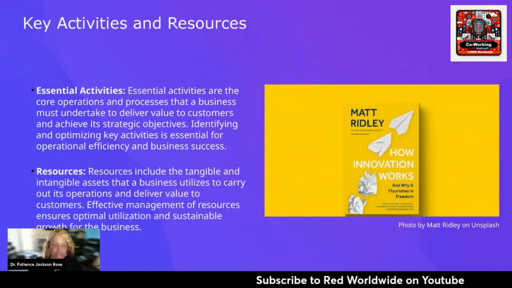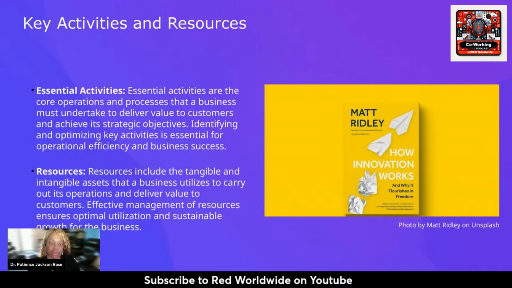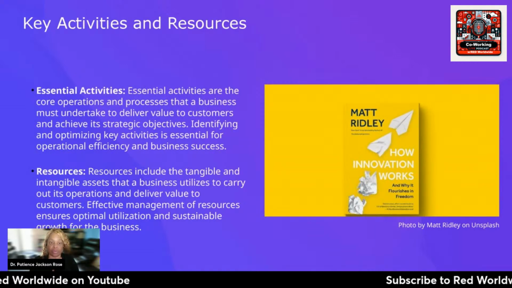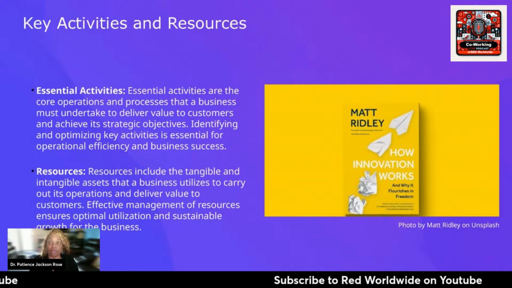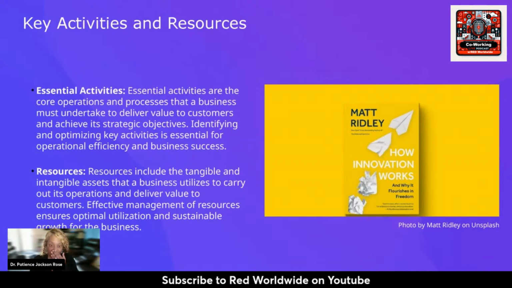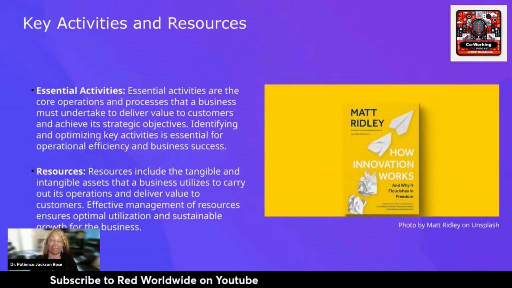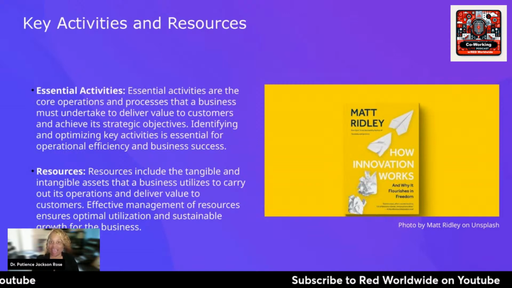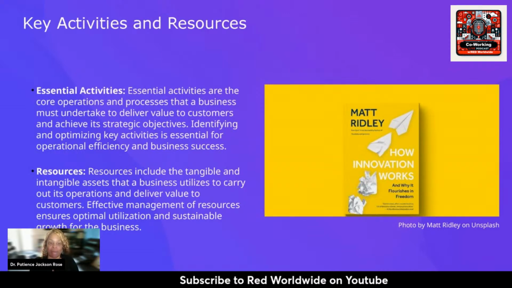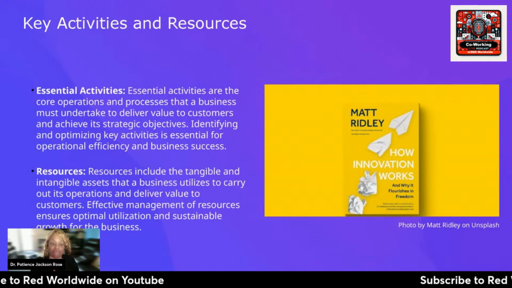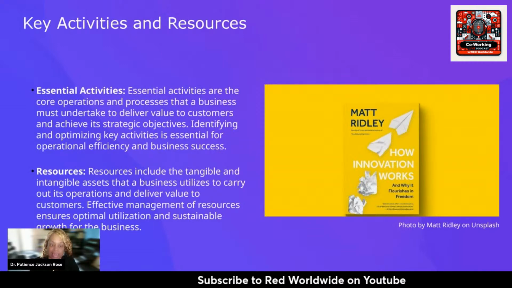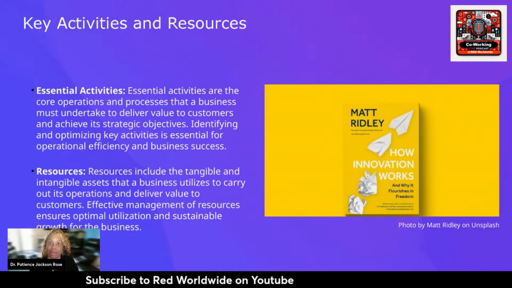So, what are going to be the essential activities or the core operations and processes that you're going to undertake to deliver value to your customers, and the unique value, the value that only you are providing, or that you're providing the way you're providing, I should say, so that people will choose you over the existing options that are out there. And what are the resources that you need to have access to, or that you need to make available? These intangible assets that you utilize to carry out those operations.